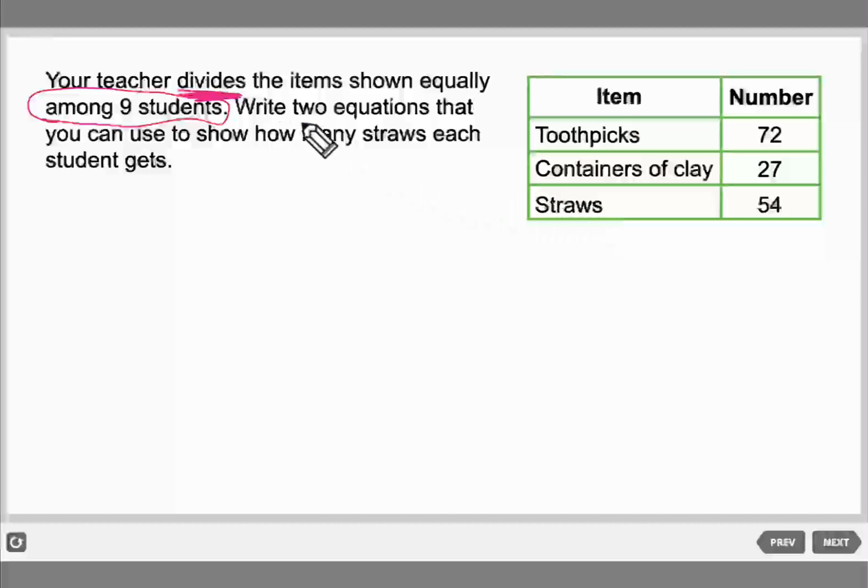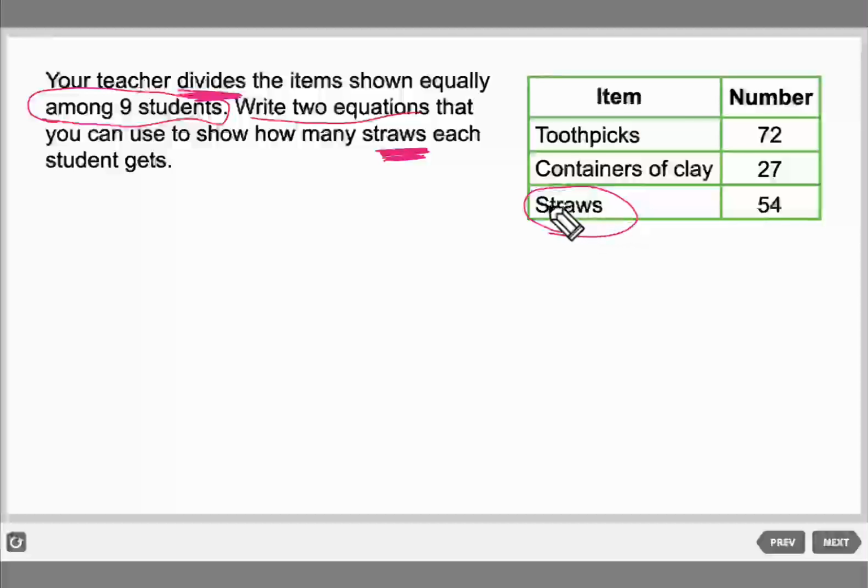We need to write 2 equations that you can use to show how many straws. So the question is about straws. As you see here, we have straws here.